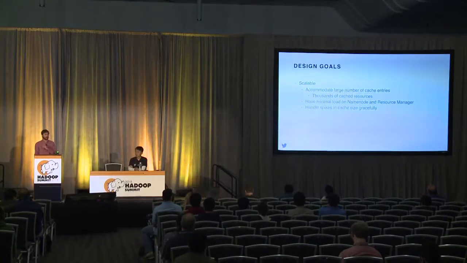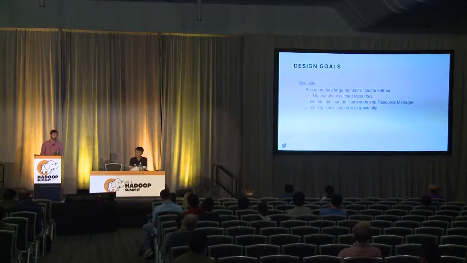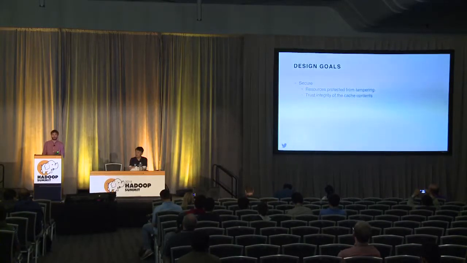Some of the design goals we had when building this feature: we wanted it to be scalable. It should be able to accommodate a large number of cache entries, on the order of thousands. It should have minimal load on the name node and the resource manager, and it should be able to handle spikes gracefully.